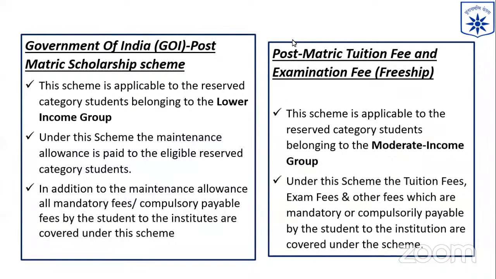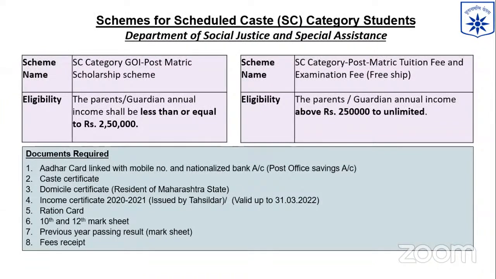Now, after understanding the difference between scholarship and freeship, we will go ahead to understand what different schemes there are for different categories of students. The first category that we are going to discuss is Scheduled Caste, that is SC category students. When SC category students apply for the schemes, the application form filling is done through the online process.